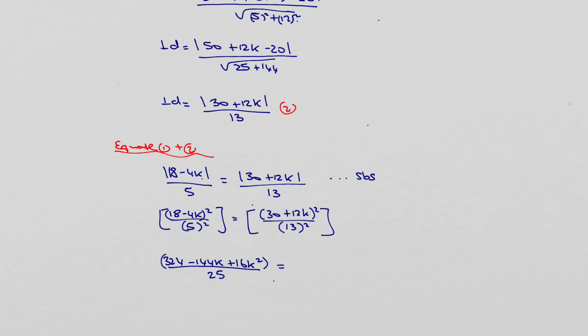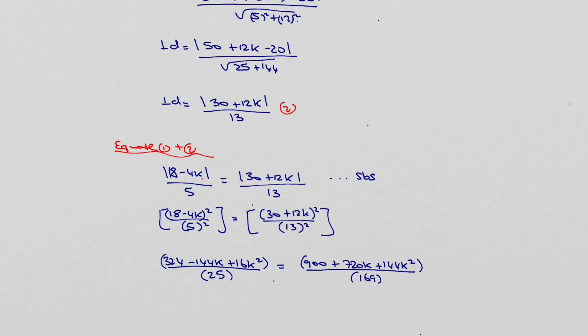And then we have 30 plus 12k to be squared. So 30 by 30 is 900. 30 times 12k, multiply them and double it, gives us 720k. And 12k to be squared is 144k squared. And that's all over 13 squared, which is 169.